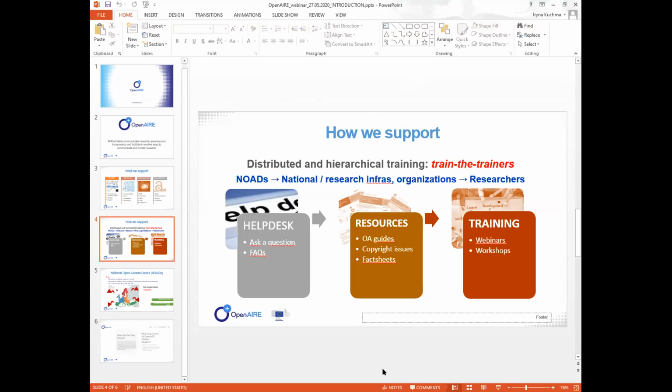And then you can register your repository for aggregation and indexing in OpenAIRE. We encourage you to browse through our portal where you can see all the services and the support materials that we have developed over the years. If we could move to the next slide, please.